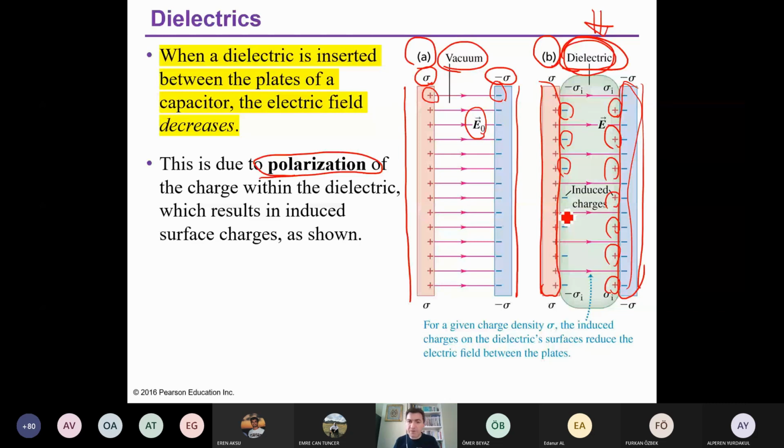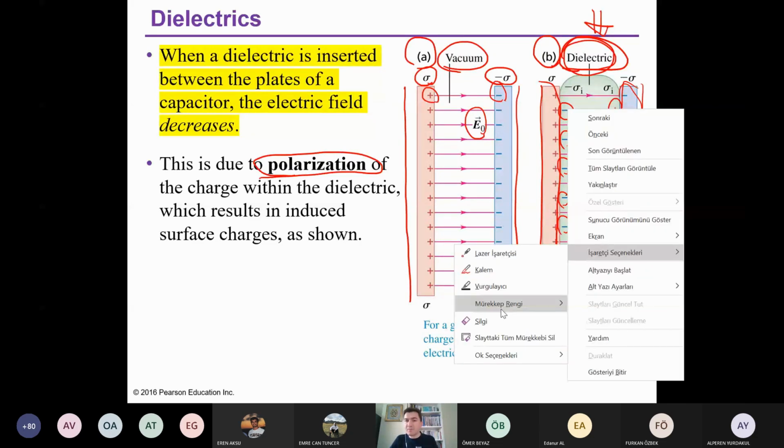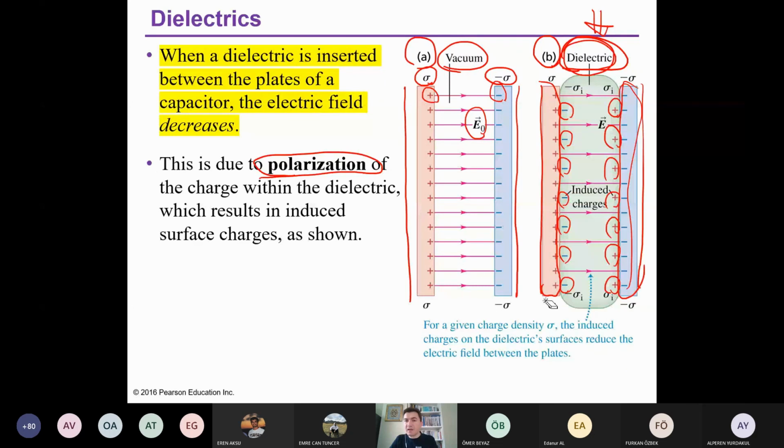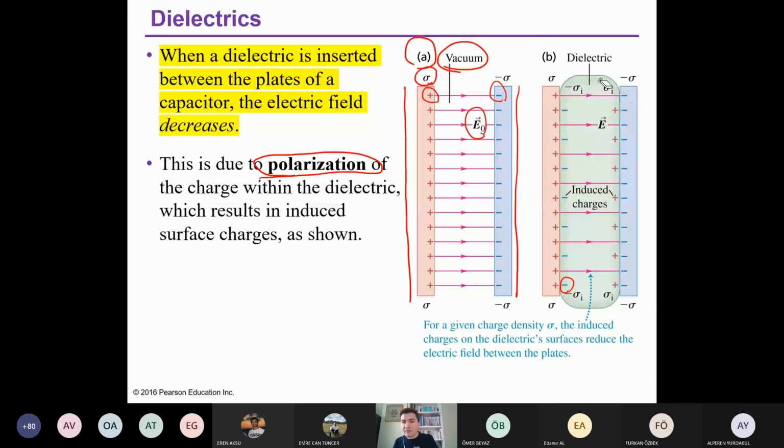Then you can consider that you induce charges within the dielectric material. So we have positive charges here within the dielectric material, and we have negative charges here within the dielectric material.